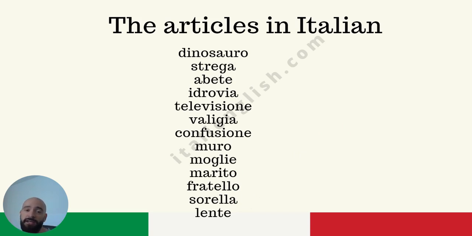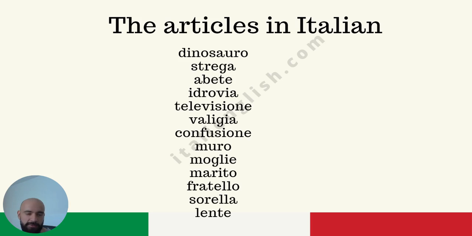This is when I tell you the gender. Abete is masculine, so you will need to use the right articolo indeterminativo and determinativo now that you know that abete is masculine. Televisione is feminine. Remember, all these are singulars, right?